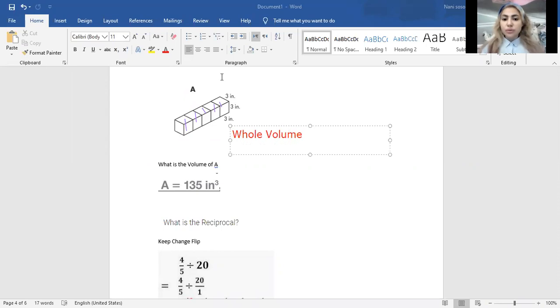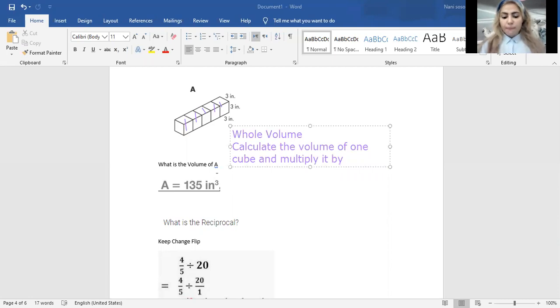What are you going to do? You are going to calculate the volume of one cube and multiply it by the number of cubes.